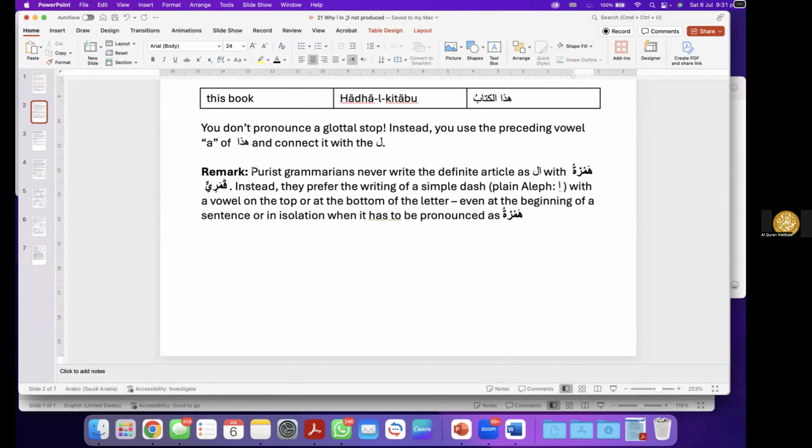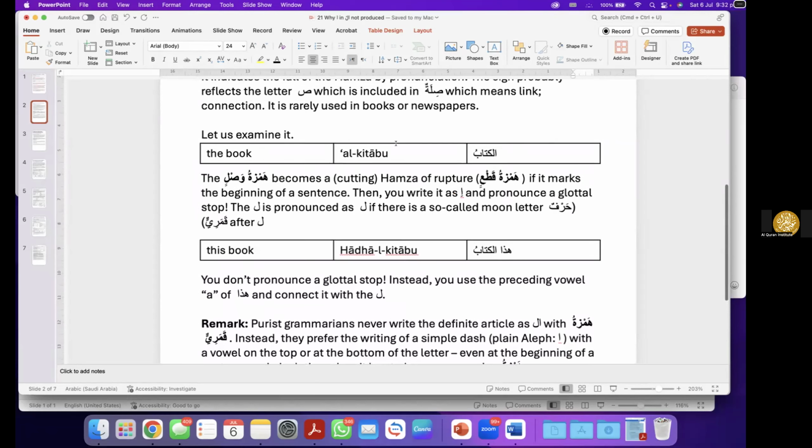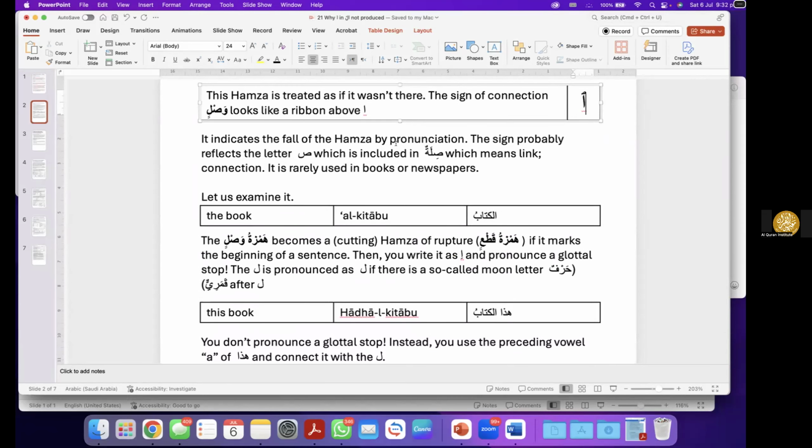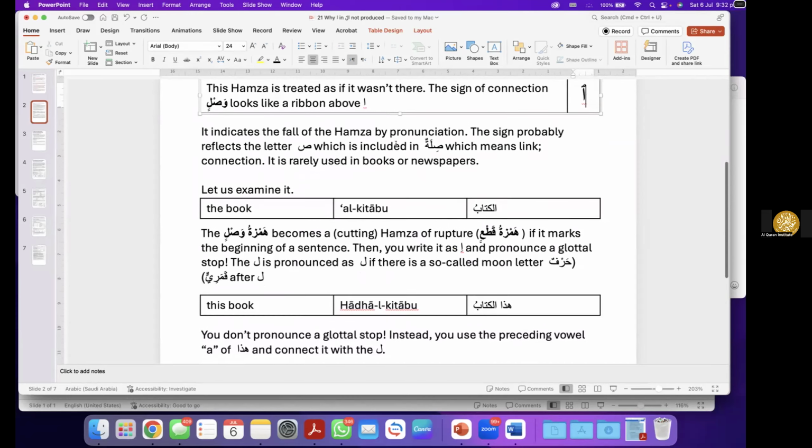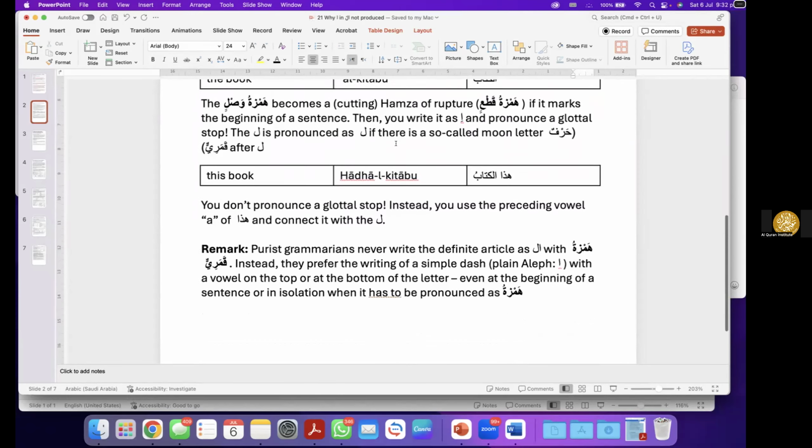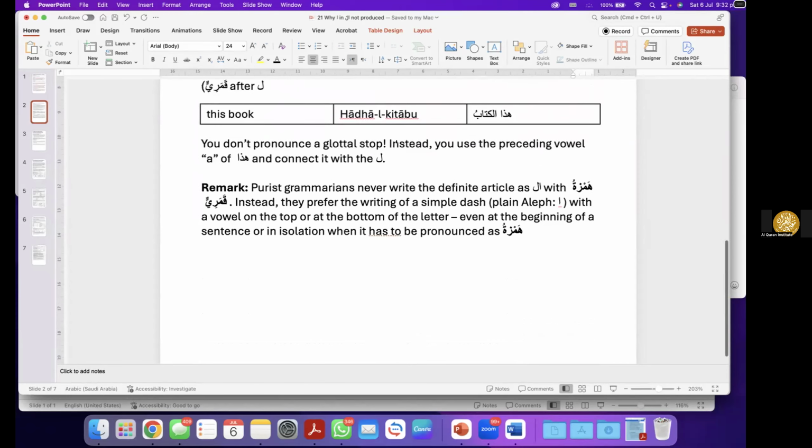Look at the remark: purist grammarians never write the definite article as al with Hamzatul Qat. Now, these are some ideas about moon letters and sun letters, which you have gone through, as far as I know. So, a little bit of additional information on that.